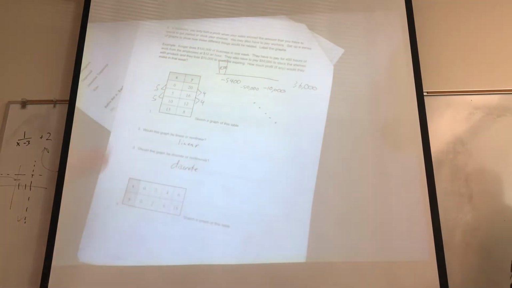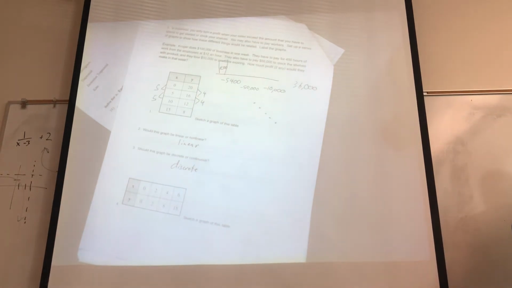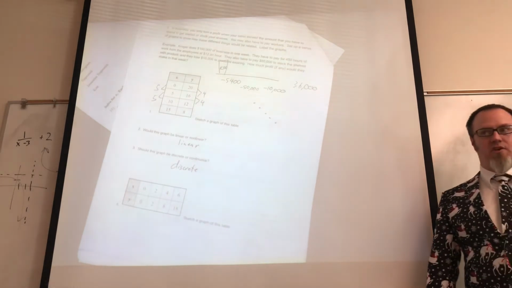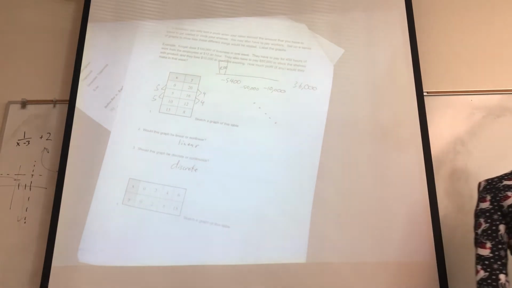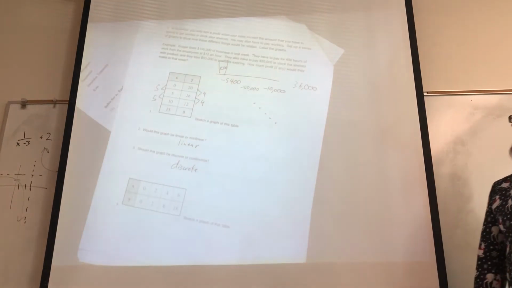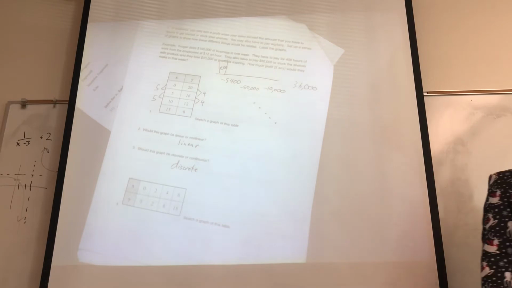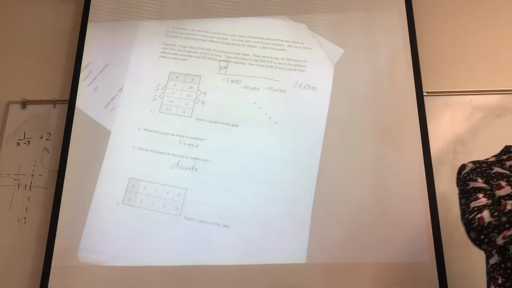If all you have is a table and you don't have any information about that table, like this is how much a plant is growing or this is how much money is going away from your account, you can't say, oh, I should connect these dots. So because it's just the table, we don't know if the values in between are true, so it's going to be discrete.